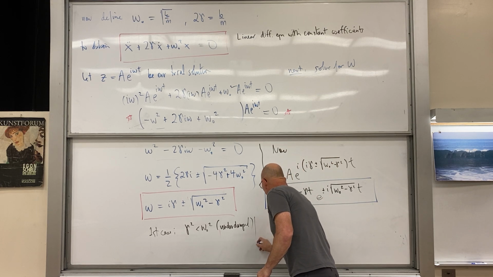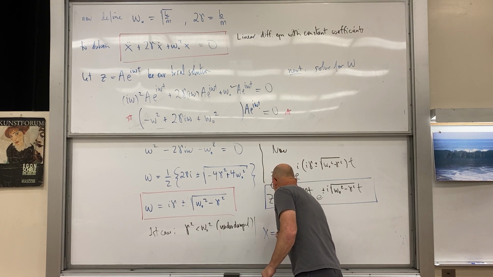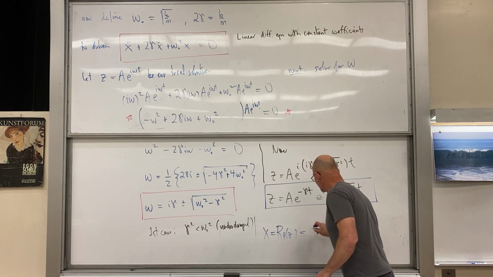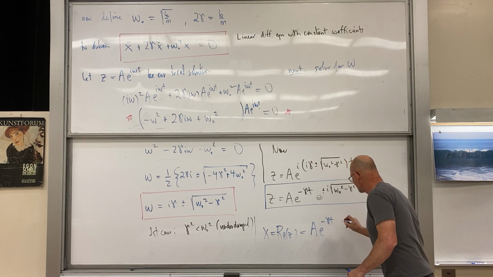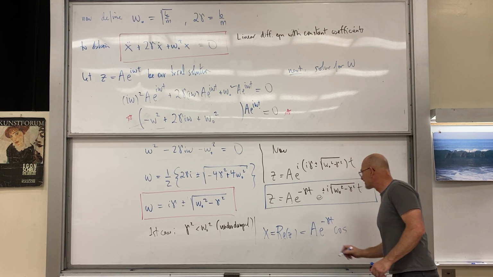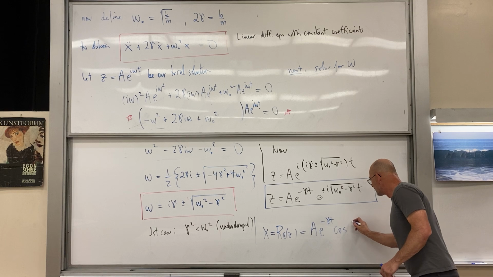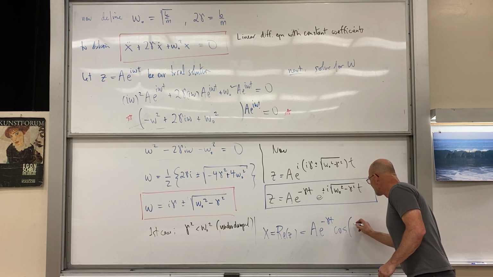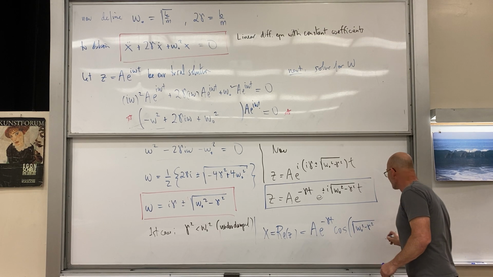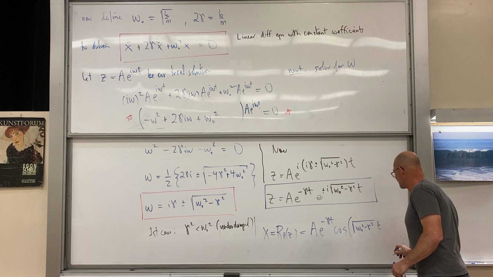So x equals the real part of z, which is a e to the minus gamma t, and we'll just take the cosine of root omega naught squared minus gamma squared t.